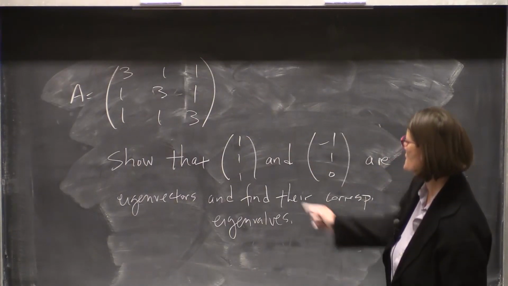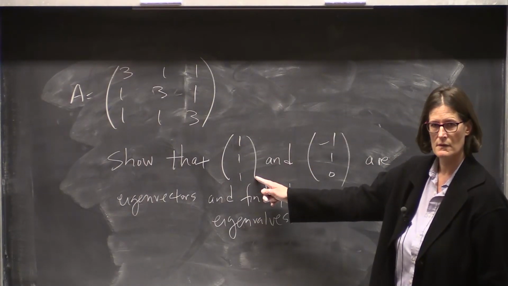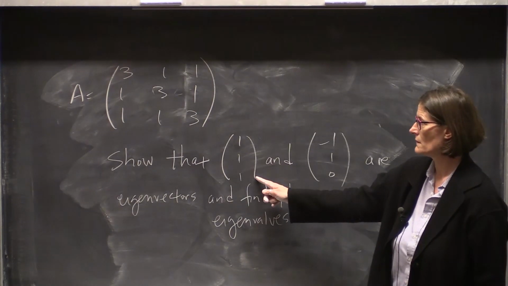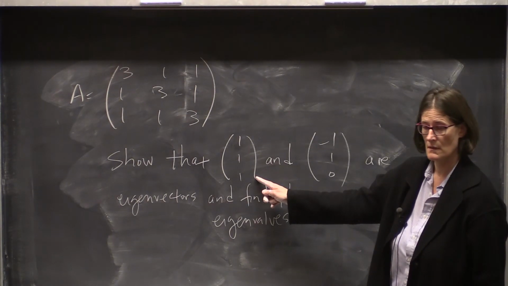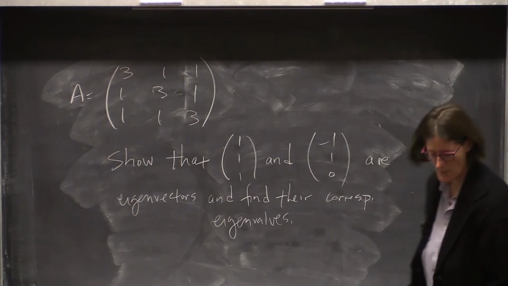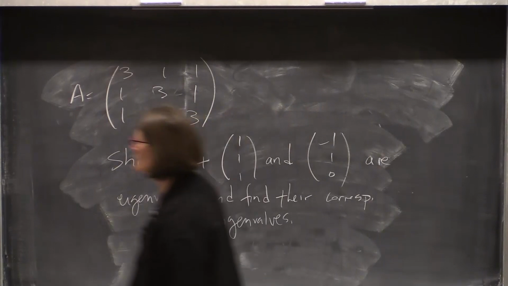How do you show this is an eigenvector? You have to do that multiplication. So please do that multiplication while I erase the blackboards.